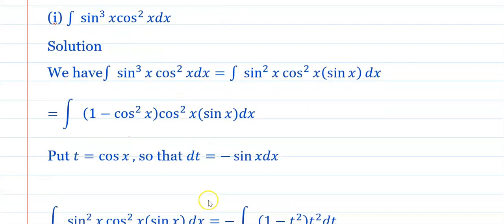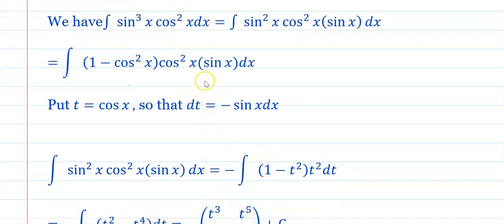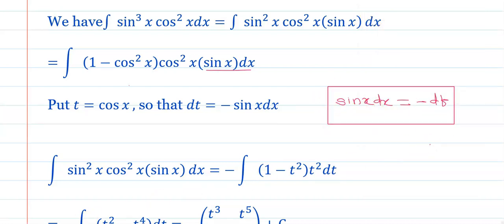Okay, and hence we will write here, but we require here sin x into dx, and therefore sin x into dx is equal to minus dt. Okay, this is important. Therefore, here our integral will change. Here is a minus sign. Okay, sin x into dx is equal to minus dt. That's why here we have taken the minus sign.